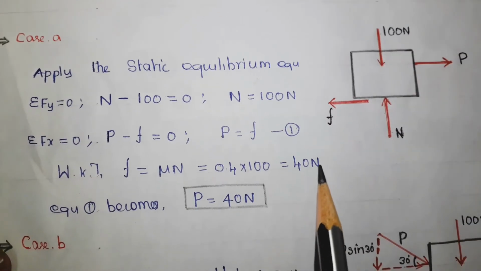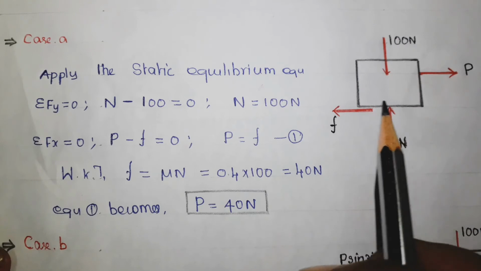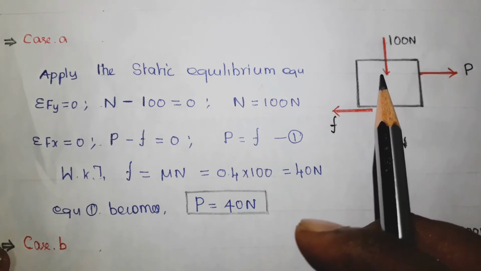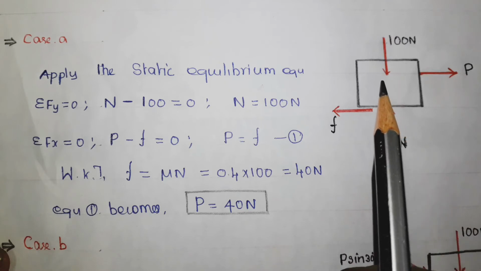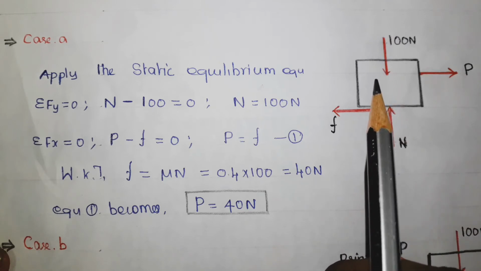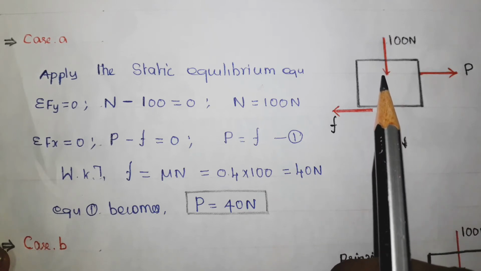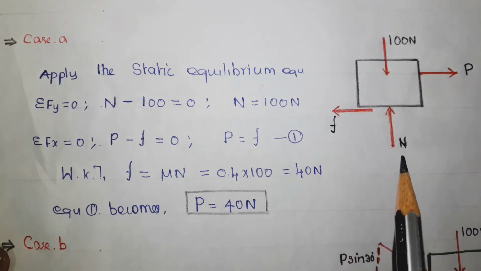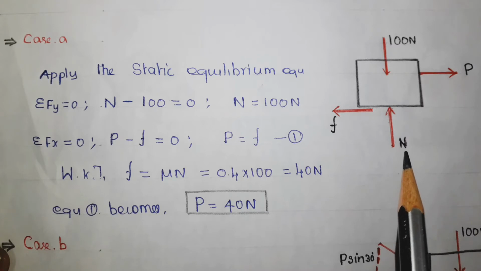So here is the object, okay, with the weight 100 Newton, which will always act in the vertical direction. Weight has that property. Now this is the normal reaction given by the surface, and it also has a property: it will always be perpendicular to the surface.